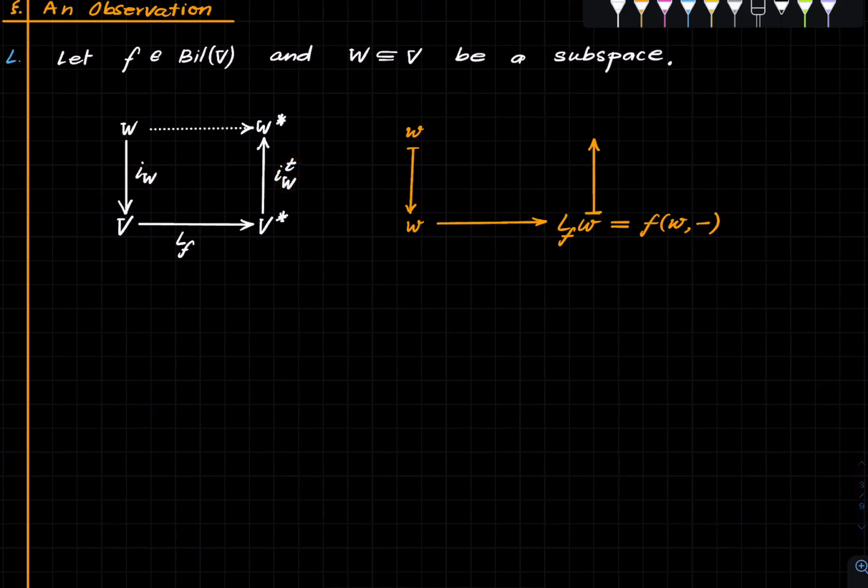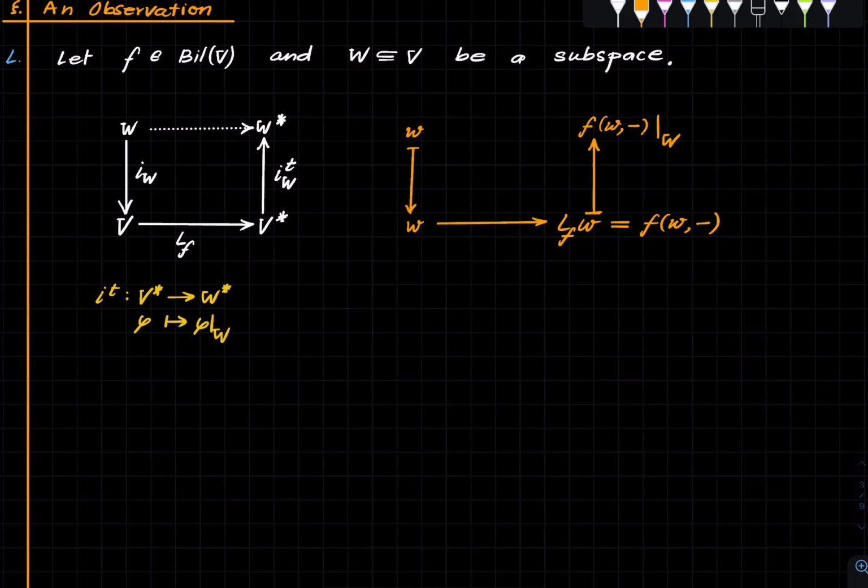So recall that if W is a subspace, then I transpose, a map from V star to W star, just takes a linear functional and restricts it to W. So just recall this basic fact. And therefore, what we have here is the restriction of this functional to the space W.